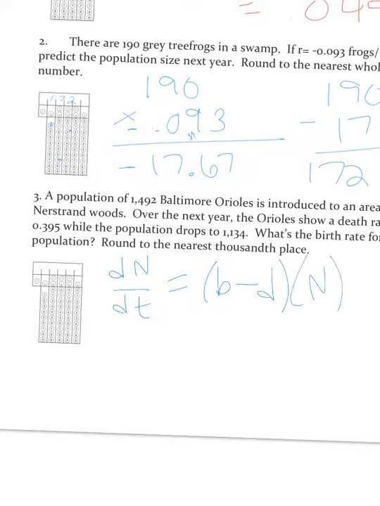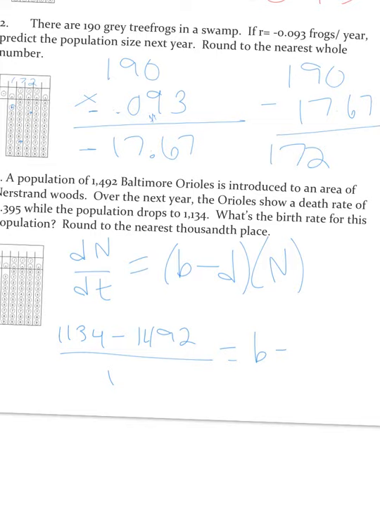All right, so we know the change in population because it is currently 1134 minus 1492, and that's over 1 year of time. And that equals B, which is what we're looking for, minus the death rate, which was 0.395.